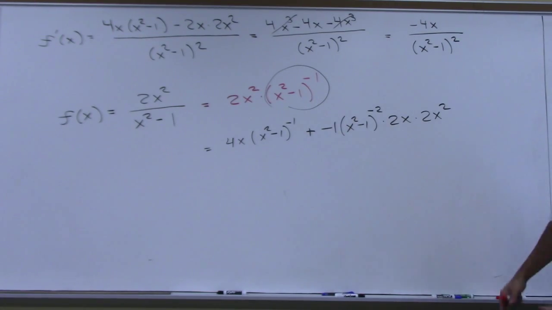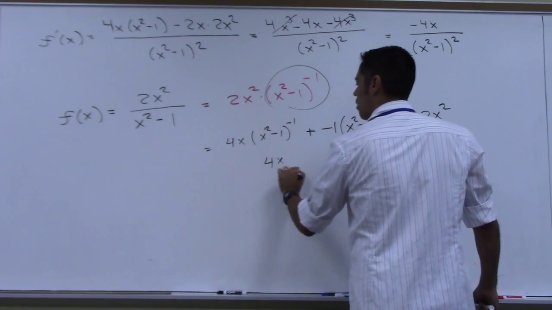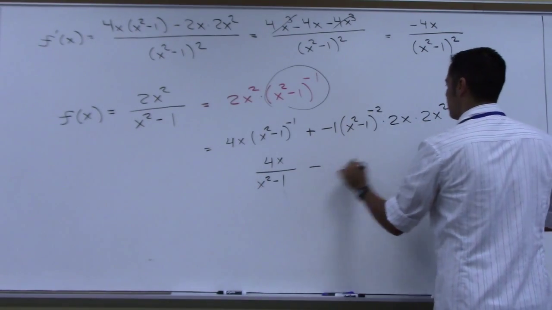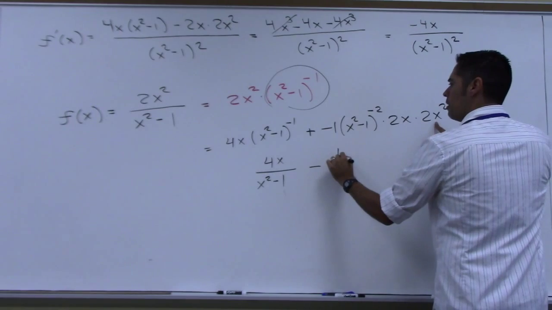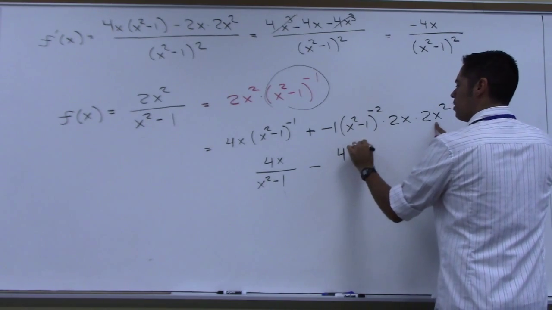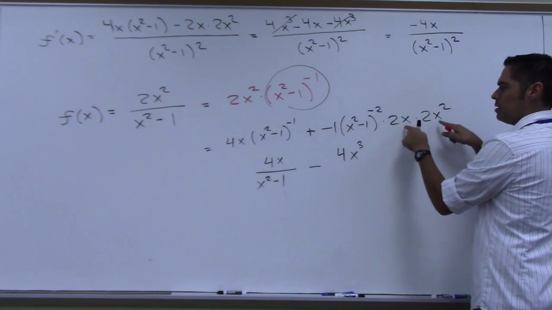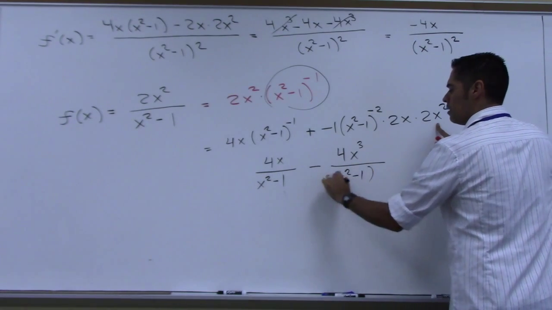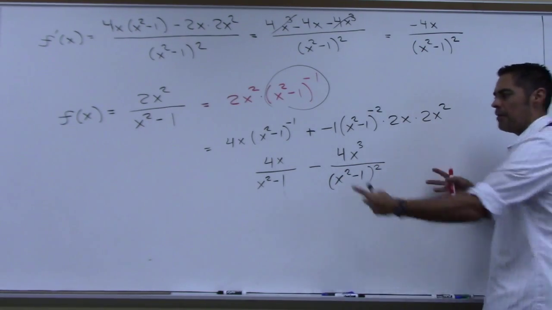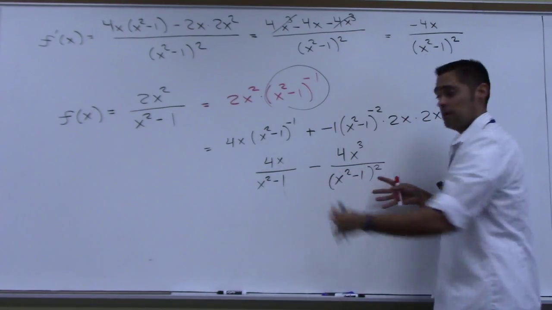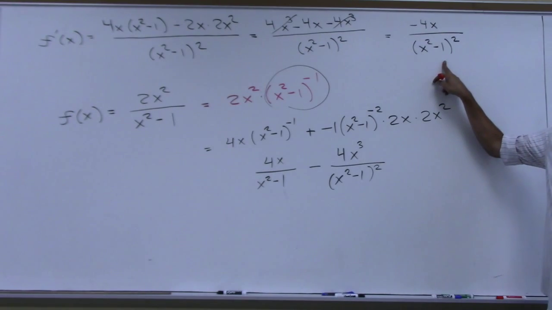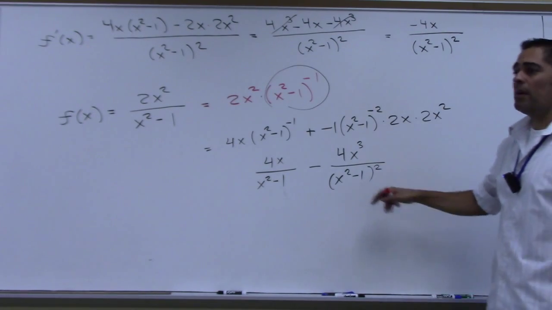If I rewrite this, this is 4x over x squared minus 1, bringing that down. This is minus these two together, 4x cubed over x squared minus 1 squared. And then if I put these two together with a common denominator, I would get back this, okay? I'm just showing you there's more than one way to differentiate something.